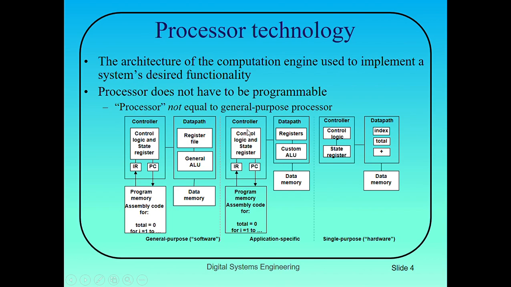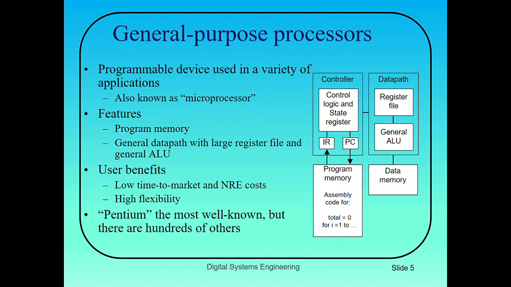Here you will find the controller, program memory, data path, and the custom ALU. And this is the single purpose processor. Here you will find the controller, data path, and data memory. In the next slide we will discuss in detail these different types of processors.